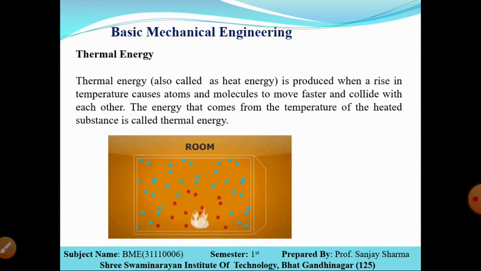So the metal bond breaks, and because of that a solid metal converts to semi-liquid, and after semi-liquid it converts to liquid and starts melting. So this is the thermal energy.